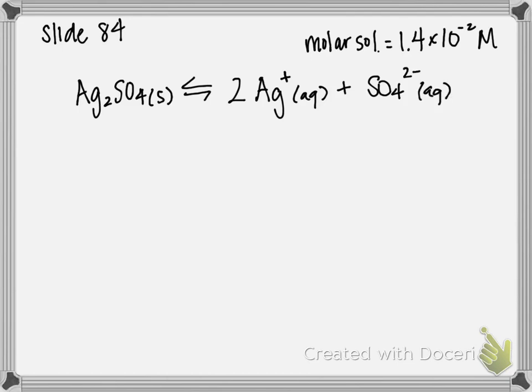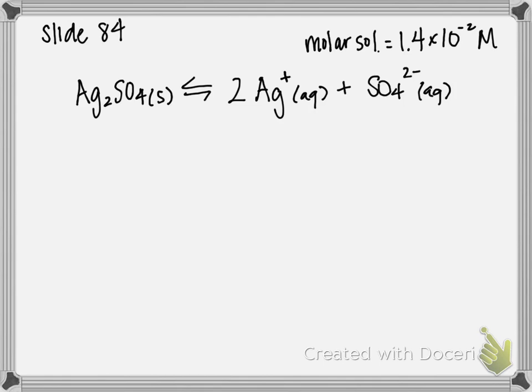So now would be a good time, if you don't really remember, since we are writing basically ionic equations, to brush up on the charges of your ions when they separate, as well as to recall your polyatomic ions, what they are and what charges they have. So this is my reaction.